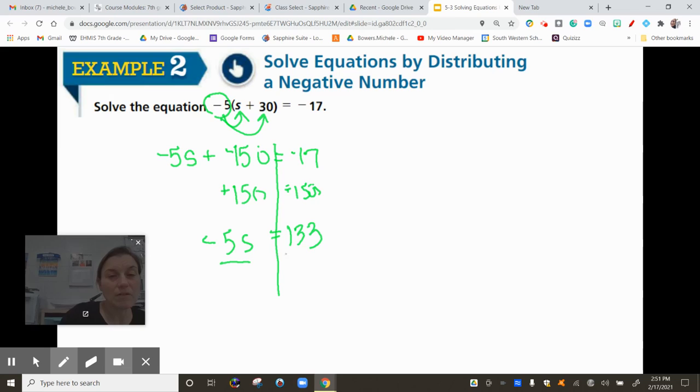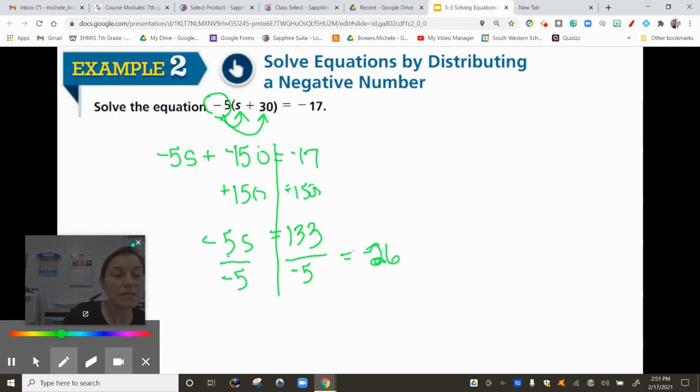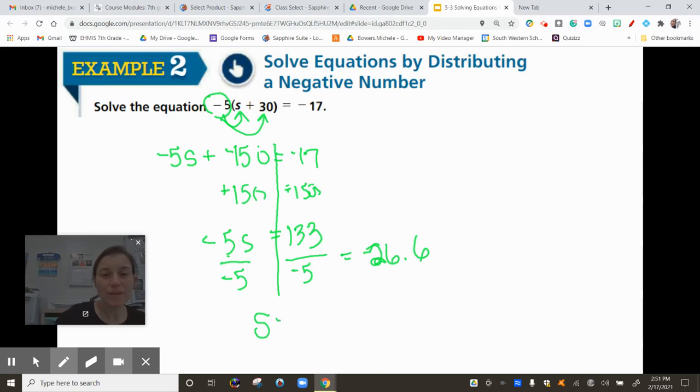So to solve this, I'm going to divide both sides by negative 5, because whatever's in front of the variable, that's exactly what I divide by. So this would equal negative 26.6. So S equals negative 26.6.